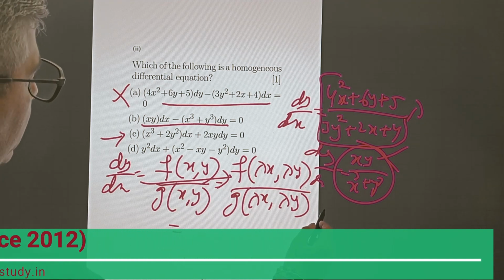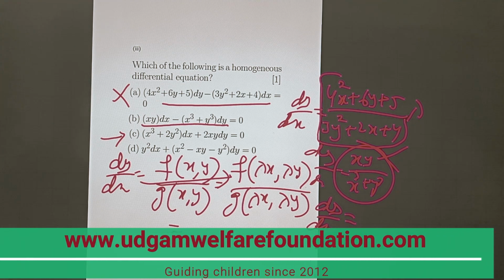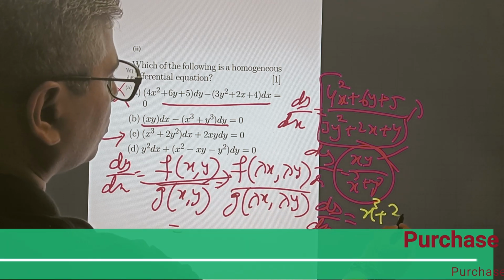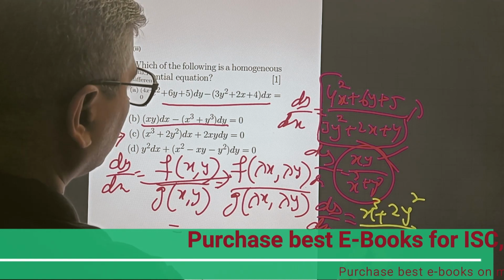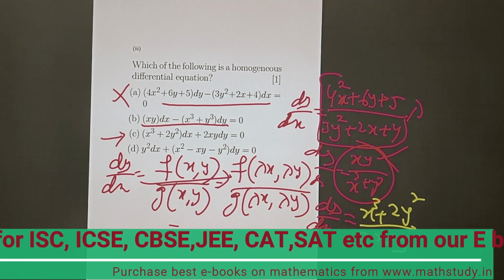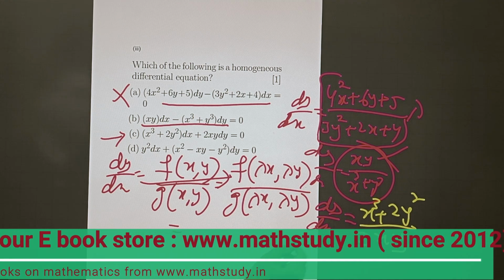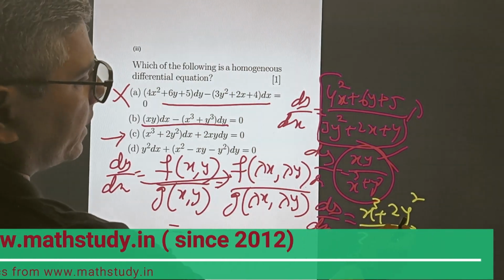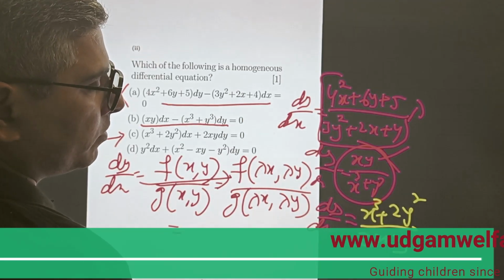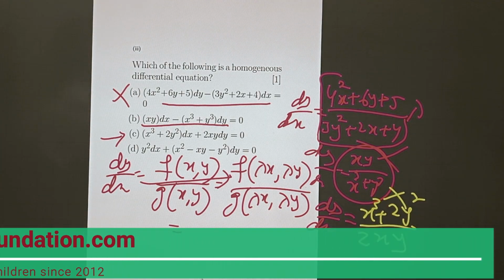If we convert it into dy by dx, we get dy by dx equals x cube plus 2y square upon 2xy. Here again the degree of x is higher, so we get lambda cube x cube in one place and lambda square in the other, and we won't be able to eliminate lambda. So this is also not a homogeneous equation.